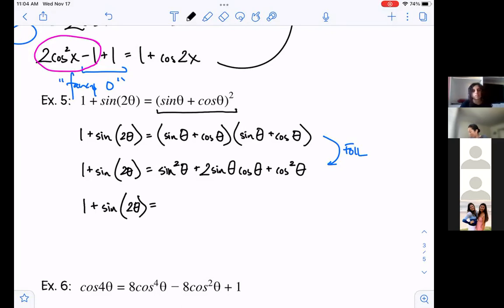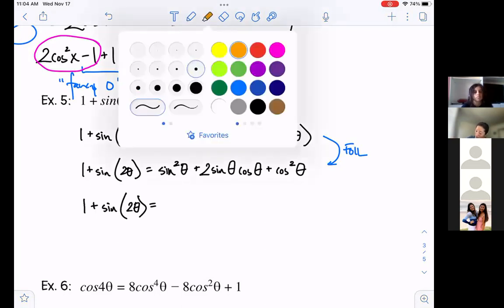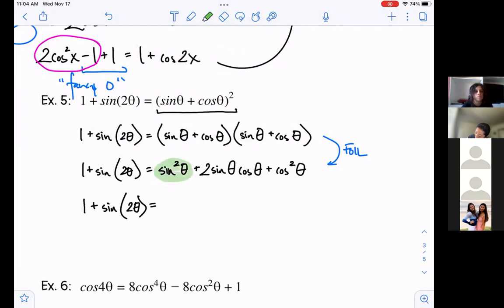Nice observation. I love that. One of our bread and butter identities that we use all the time, sine squared plus cosine squared gives us 1. So in fact, this sine squared plus this cosine squared will actually make the 1.